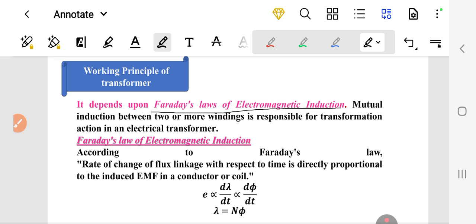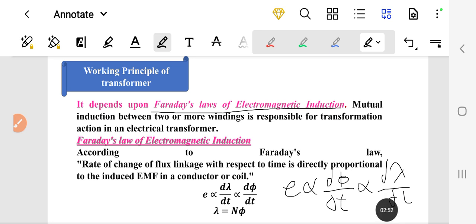Or, in a different way, the induced EMF, or the back-induced EMF, according to Faraday's law, is proportional to the rate of change of magnetic flux with time, d phi by dt, or directly proportional to the rate of change of flux linkage, d lambda by dt, where the flux linkage is equal to the number of turns times the magnetic flux in the core. The rate of change of flux linkage with respect to time is directly proportional to the induced EMF in the coil.